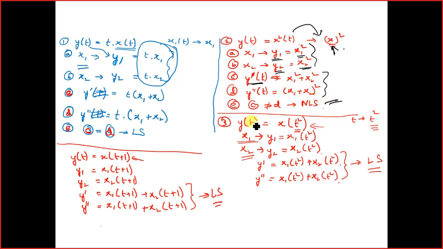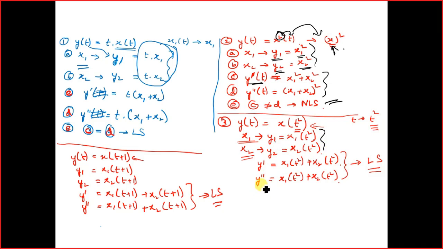On the contrary, if you move the square from x square and put it onto t square, so y(t) equals x of t square, now y1 equals x1 t square, y2 equals x2 t square, and y dash would be again x1 t square plus x2 t square.